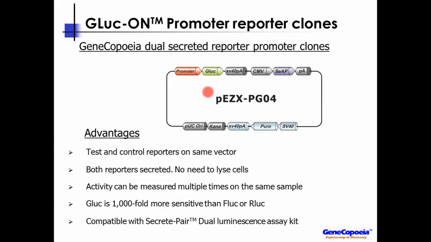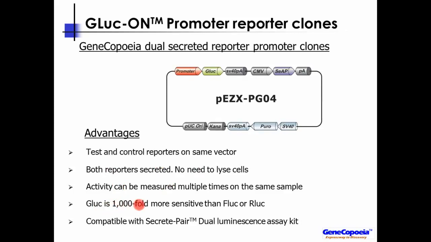And Gaussia luciferase is great because, well, one reason it's great is because it is secreted into the medium. So you do not need to lyse the cells like you do for other reporters, including firefly or Renilla luciferase. So you can actually use the same cell, use the same sample multiple times to get a readout. You just isolate the medium.